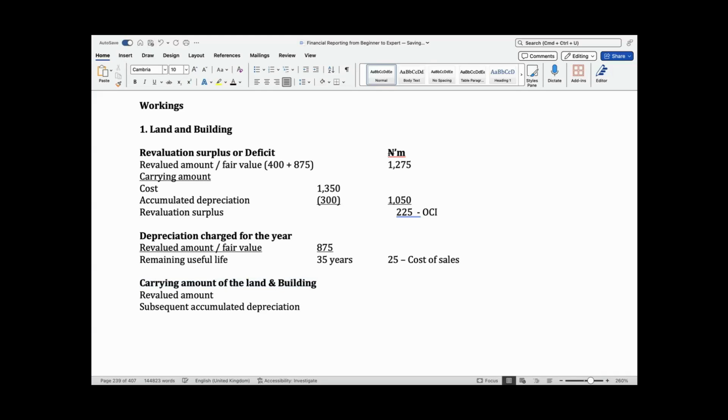My revalued amount up there was 1,275 for the land and building. My subsequent depreciation is 25. That means my carrying amount is how much? 1,250 million. Okay. And that's the first workings for this question.